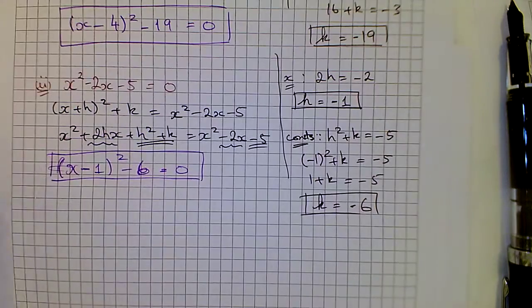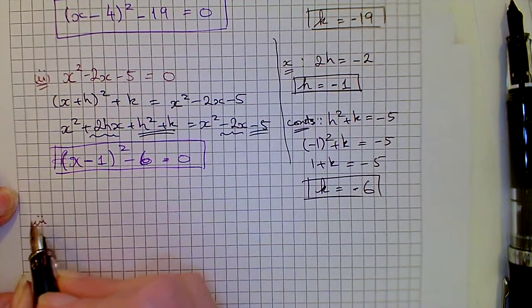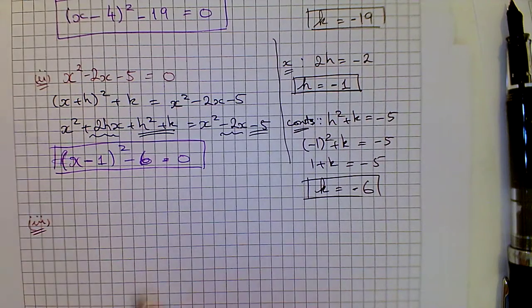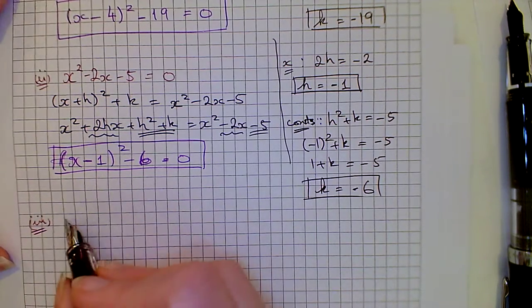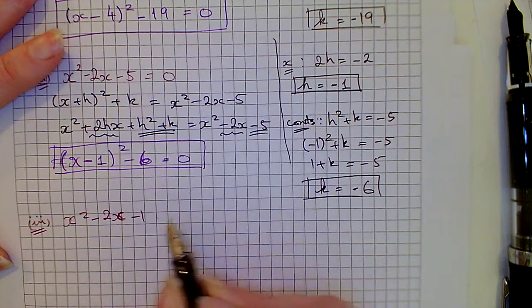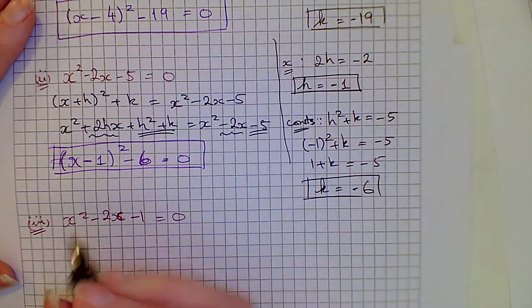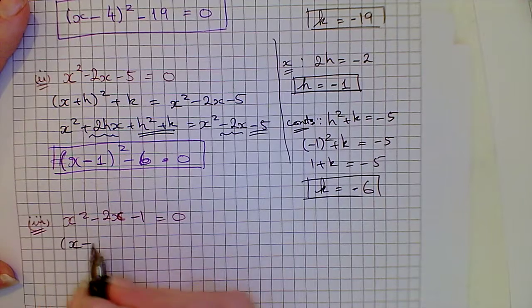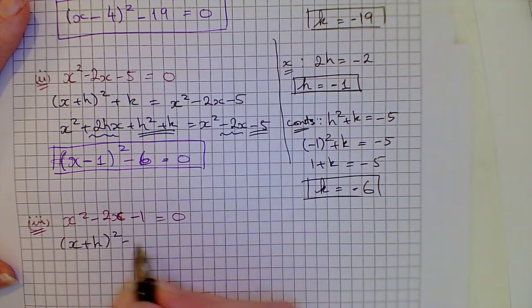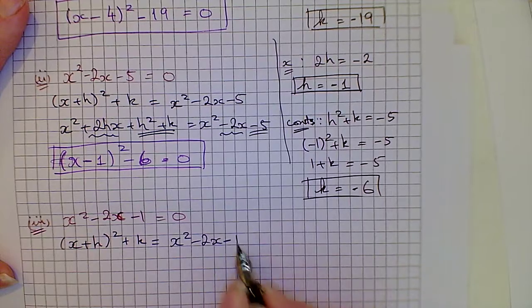Right, the third one then. And the shortcut's obviously quicker. x squared minus 2x plus 1 equal to 0. And again, that's going to be that (x plus h) all squared plus k is equal to x squared minus 2x plus 1.